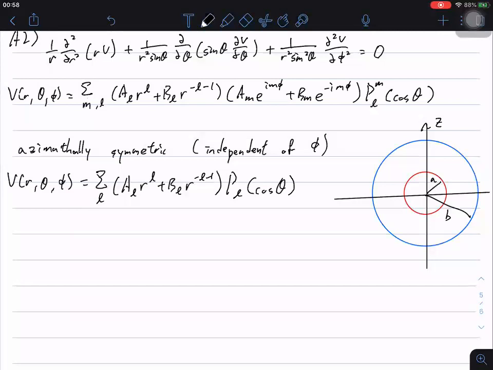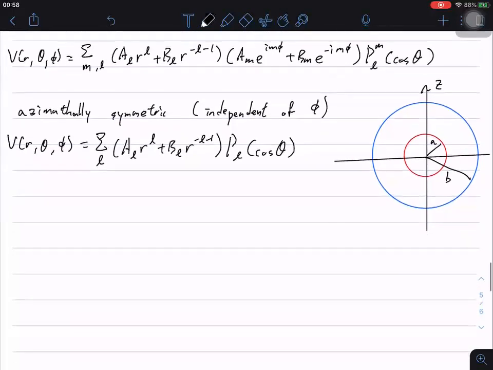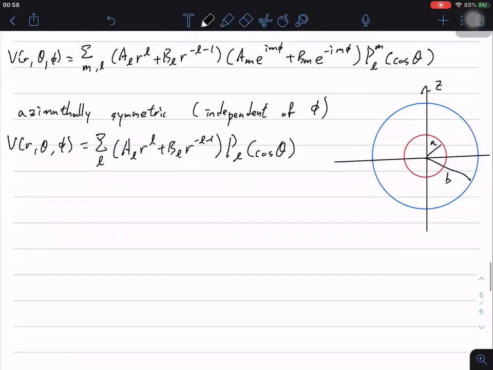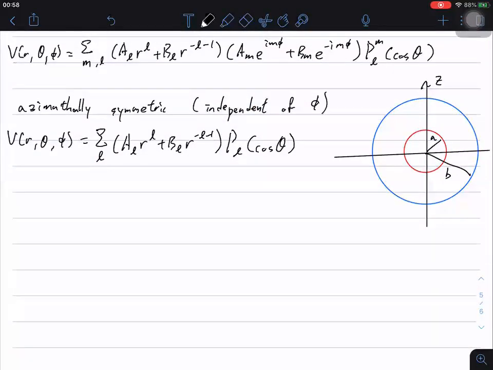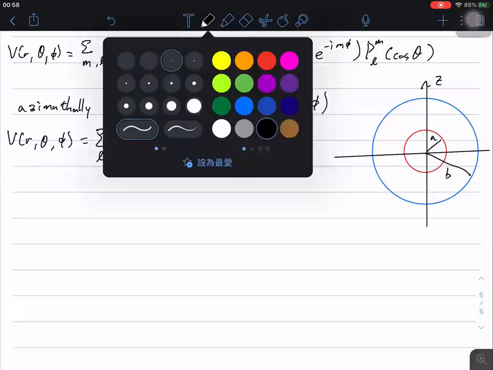So for all n and l, but for m equal to 0, we don't have the sine and cosine of phi part. Okay, so right now, if this solution is independent of phi, the general form of this solution is much simpler.